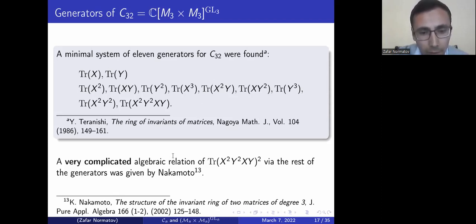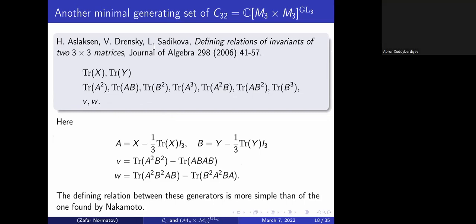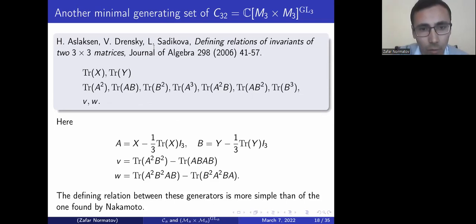Also, in 2002, Nakamoto found a very complicated algebraic relation expressing the square of the last trace via the rest of the generators. Also, in this paper, Aslaksen, Drensky, Sadikova found another minimal generating set of C32.